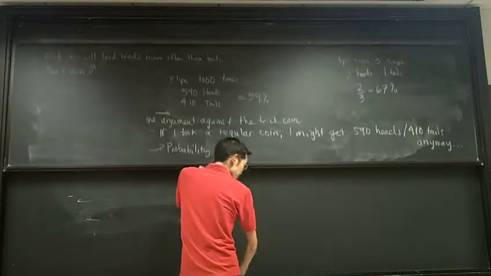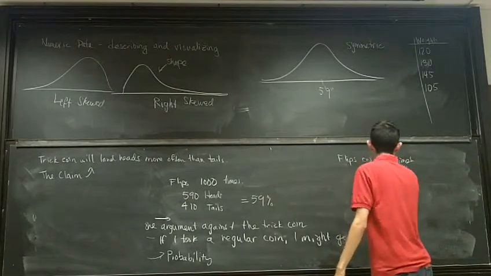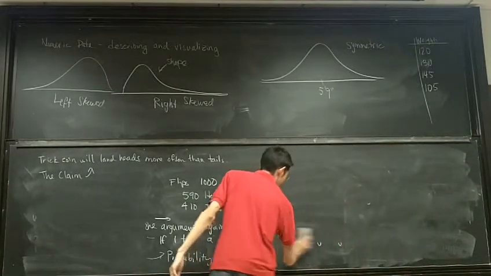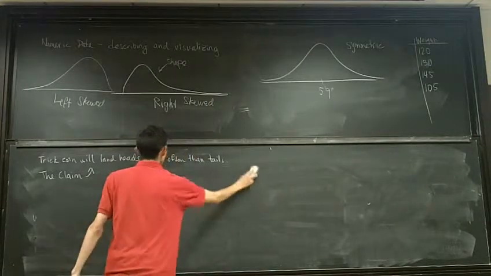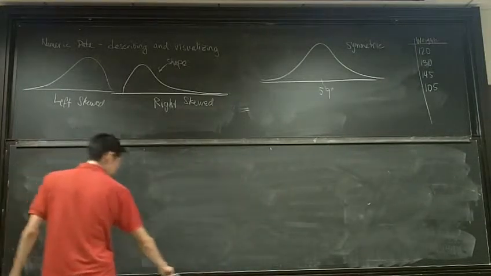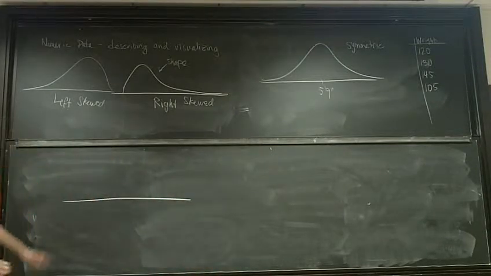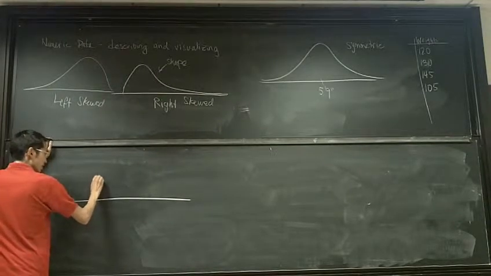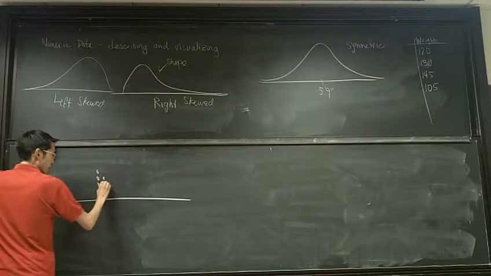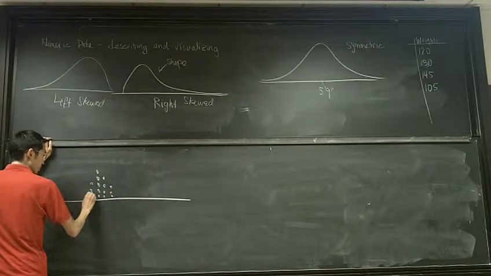Sometimes rather than showing all of the individual dots, we create something called a histogram. With the dot plot you had dots going like this, whatever it was.